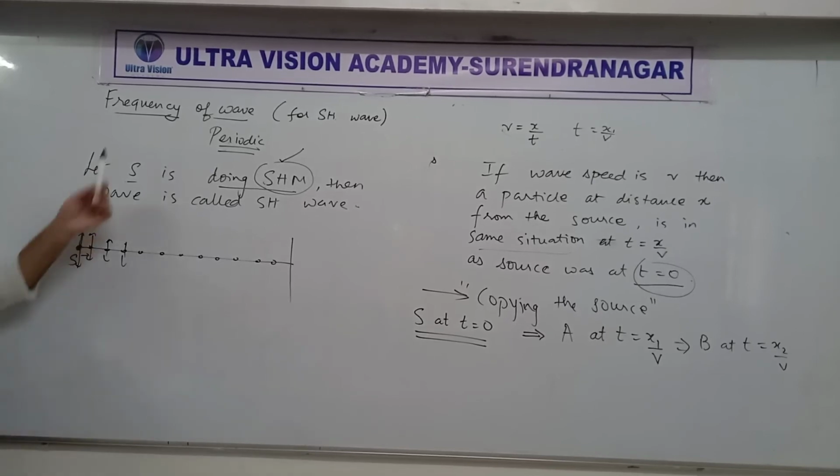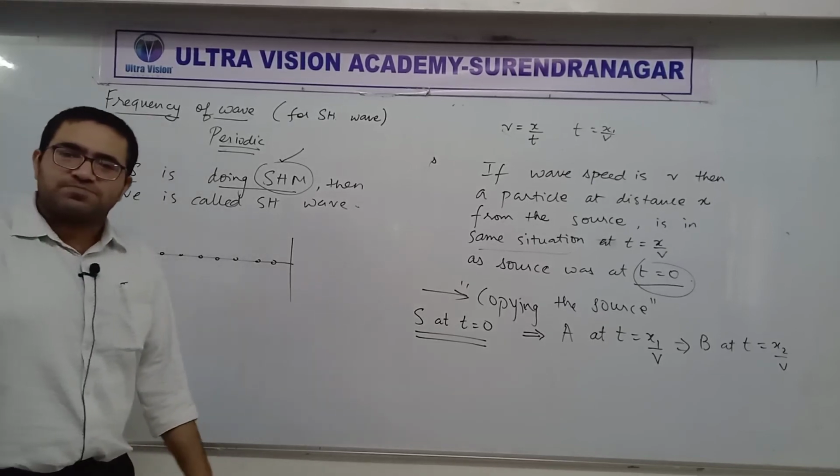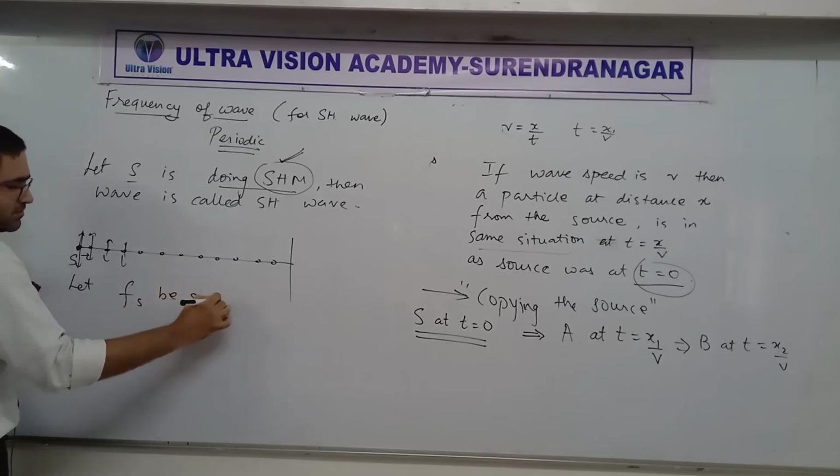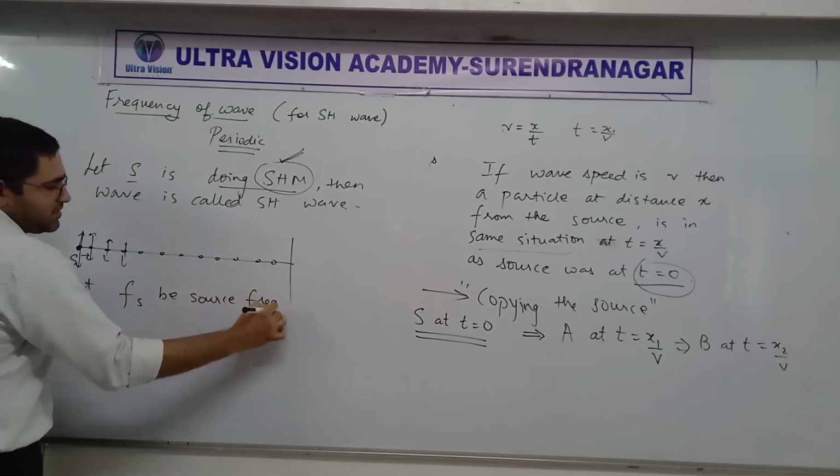Okay. So this is where frequency comes into the picture. Right? This is where frequency comes into the picture. Because in simple harmonic motion, the source will definitely have frequency, right? So you can say let Fs be the source frequency. What does that mean?